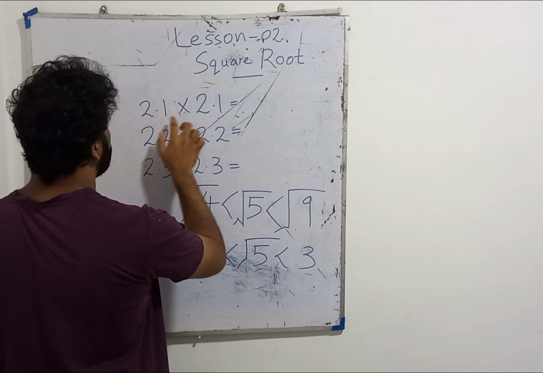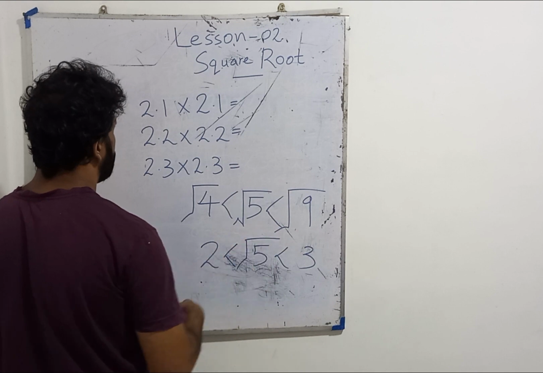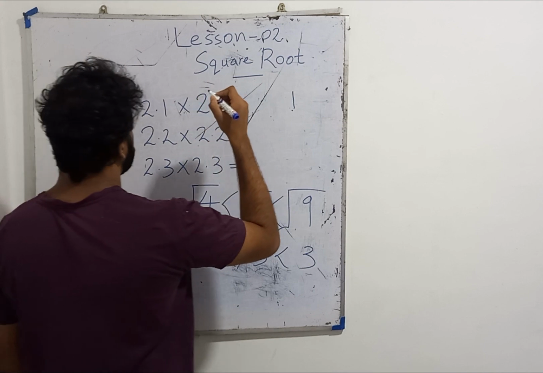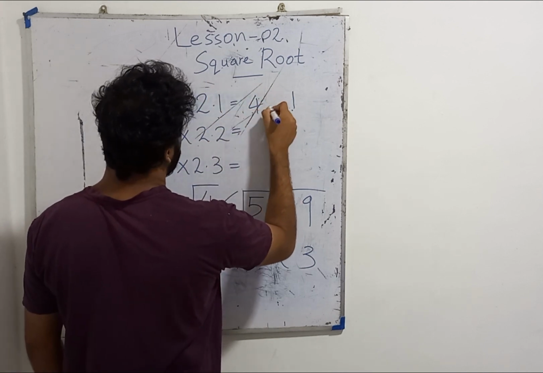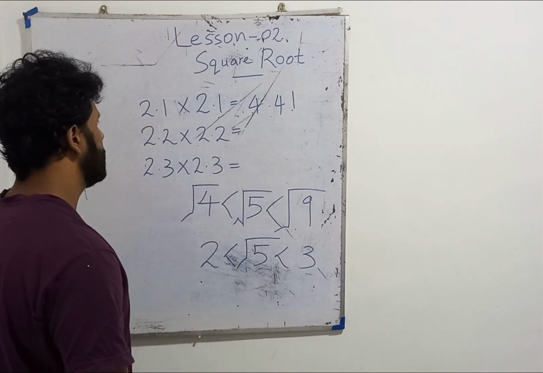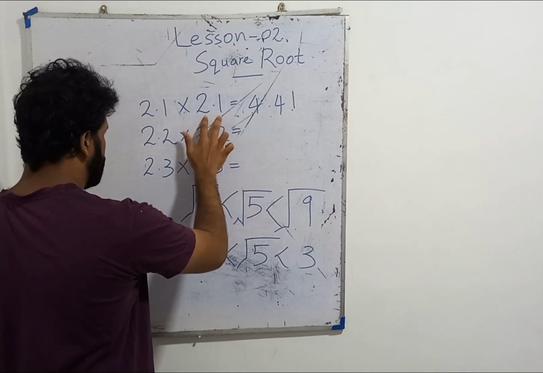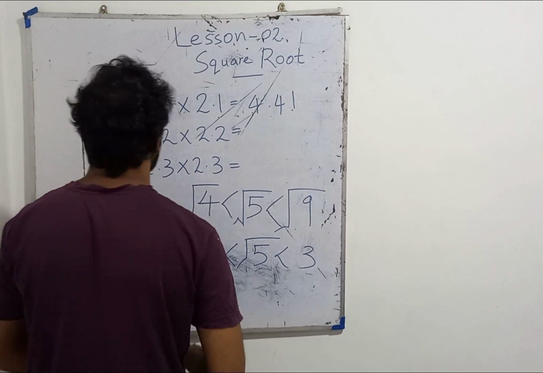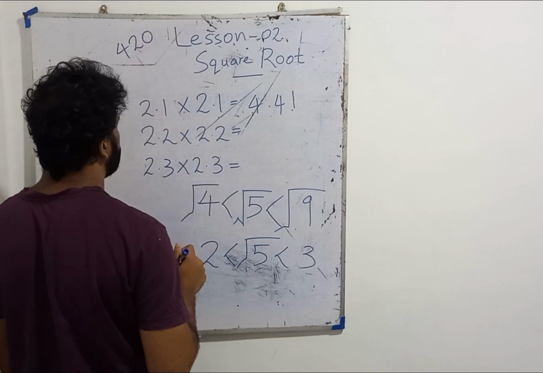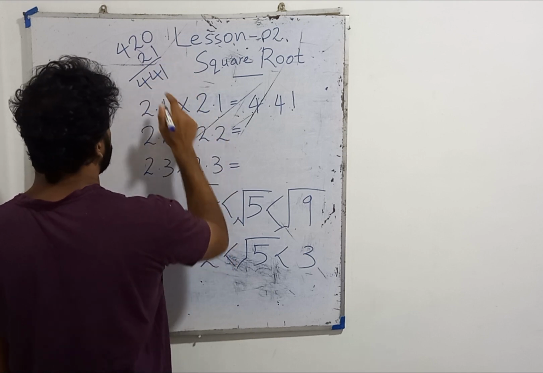21 times 21. I usually multiply like that, and it's going to be 4.41. If you can't multiply like that, I recommend 21 times 20, which is going to be 420, then 21 times 1, then 441, with 2 decimal places.